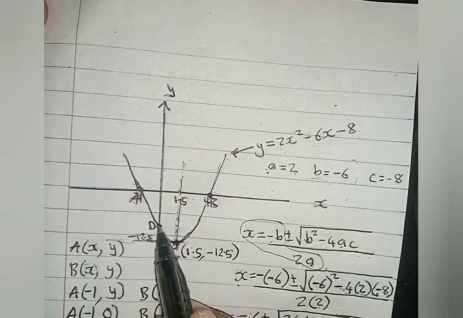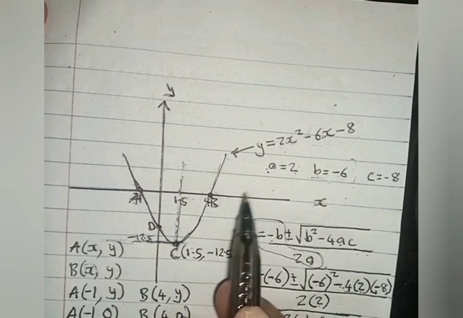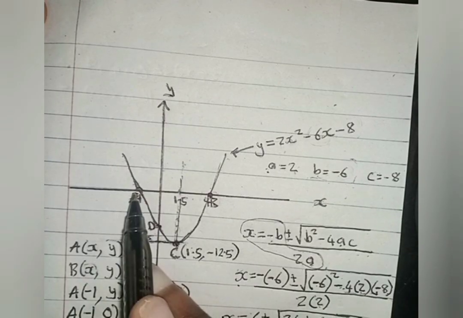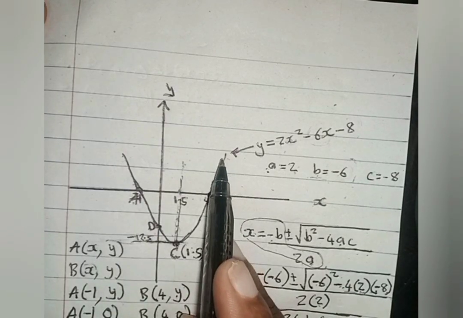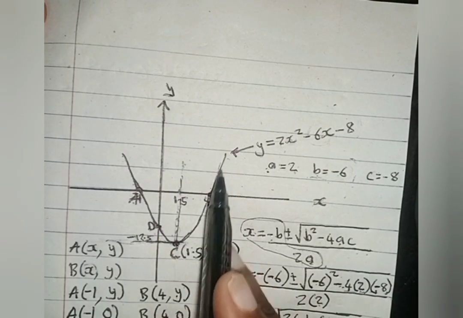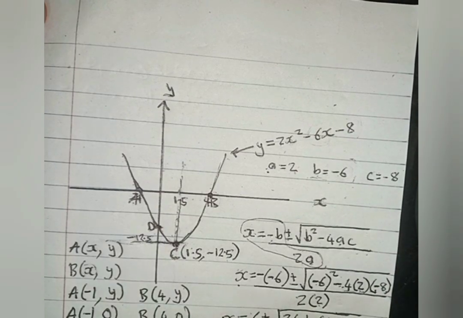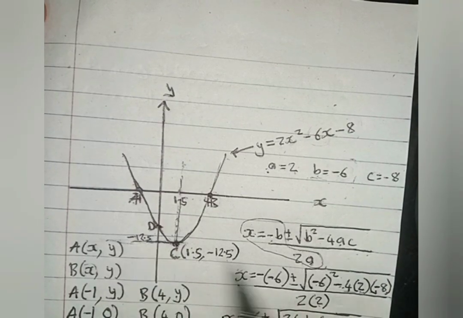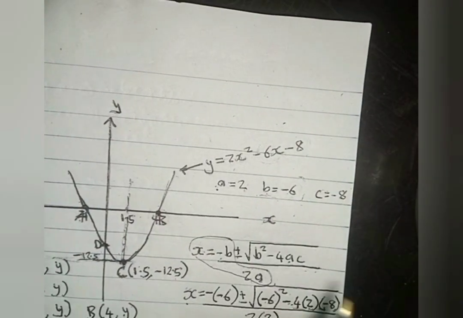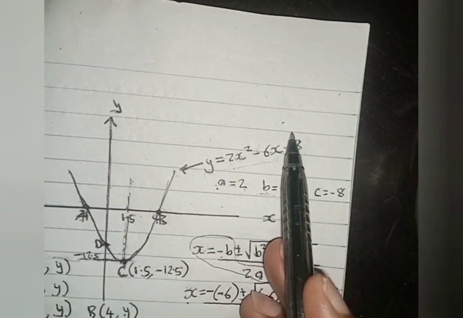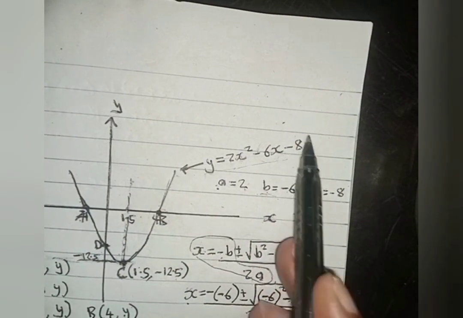Now the last one is D. Point D is also known as the y-intercept, meaning the point on the y-axis where your curve is cutting. So this curve is cutting at point D. So what number is here? To find this number, you just go on your curve and look at the number at the end, -8.